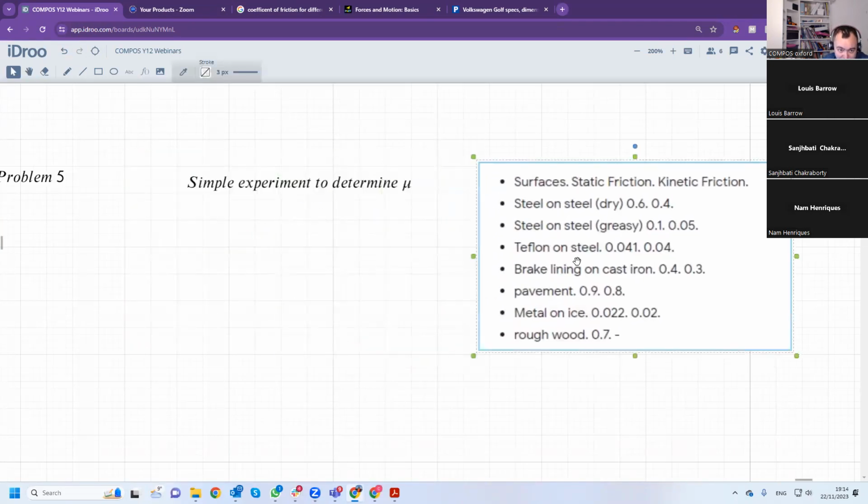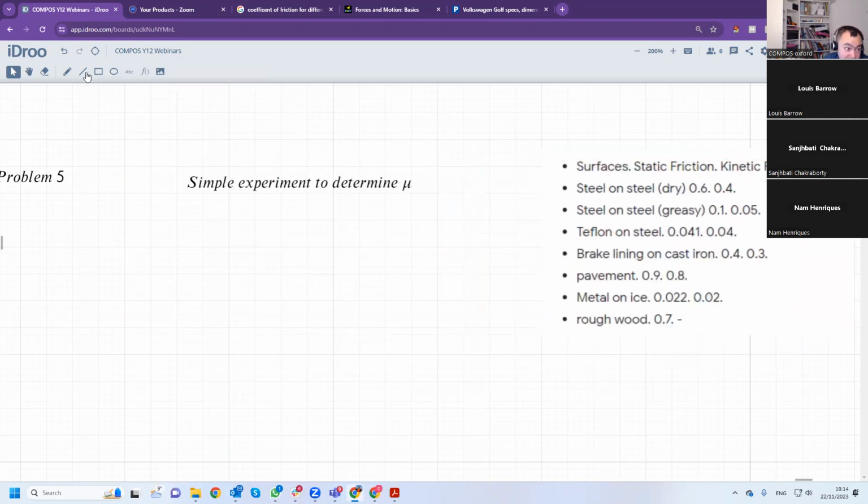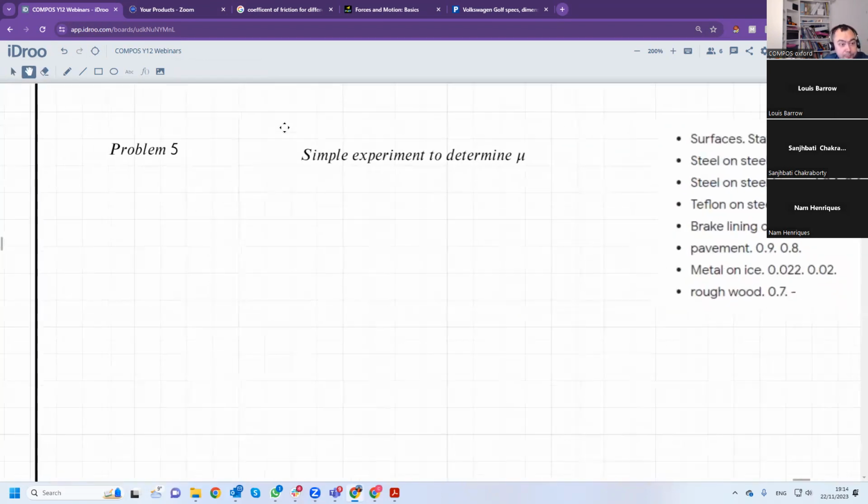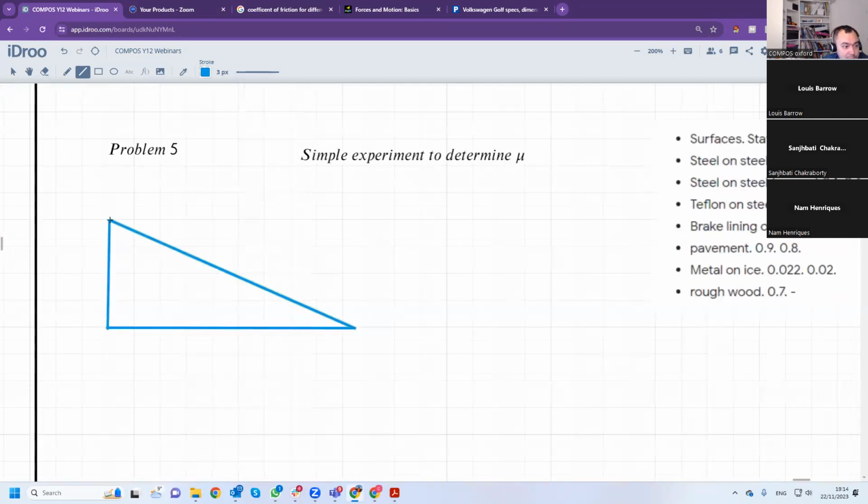These are typical values, but there's an easy experiment that you can do. If you have an incline and you have a box on an incline, you have the gravitational force, the friction force, and the normal reaction force.